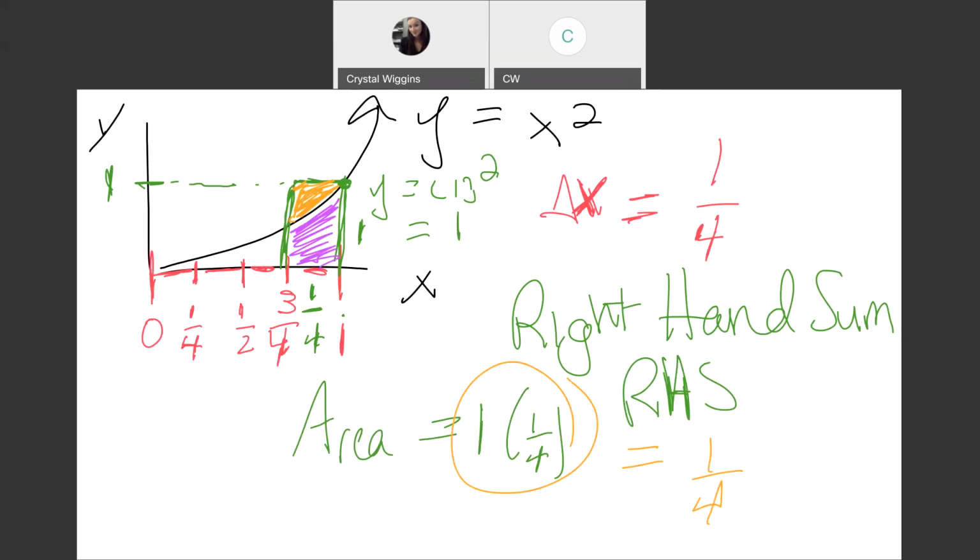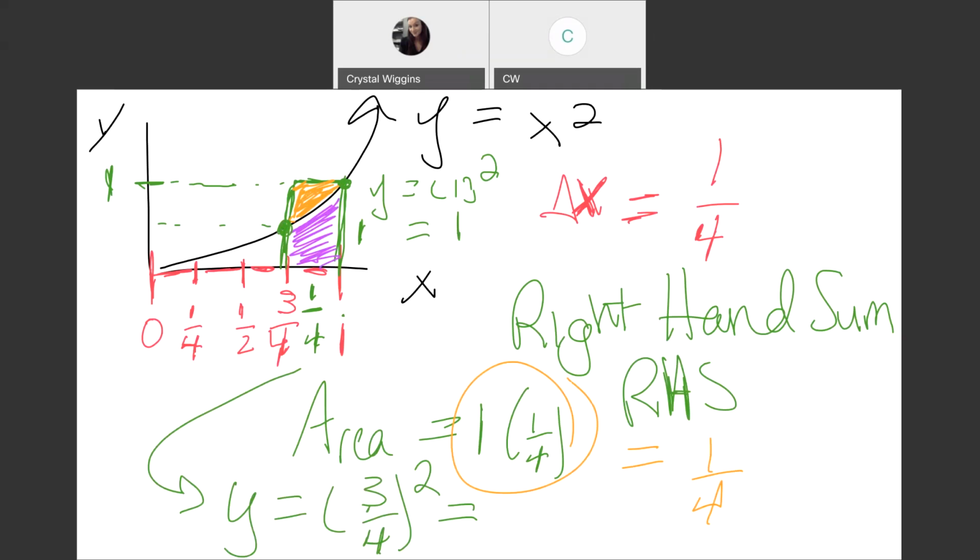Let's keep drawing our rectangle. So the next rectangle, we take the x value of 3/4, we find the height of the next rectangle, and we do that by doing y equals 3/4 squared, because our function is x squared.